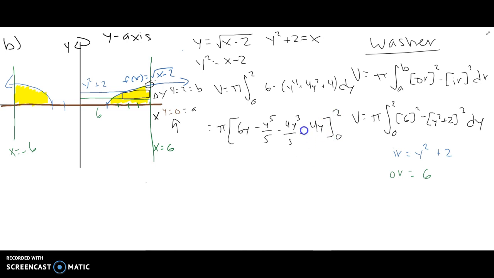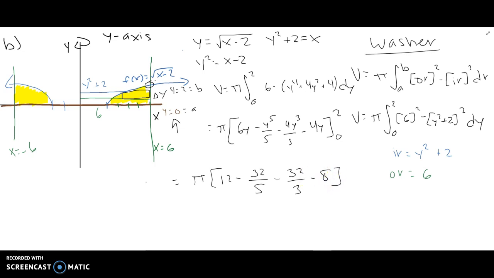I forgot to distribute it to this last term. There we go. And now we have the antiderivative of that expression, and now we just evaluate it at the endpoints. So we're going to get pi times 12 minus, I believe 2 to the 5th is 32 over 5 minus, that's another 32 over 3, 4 times 8 here, because 2 cubed is 8, and minus 8.